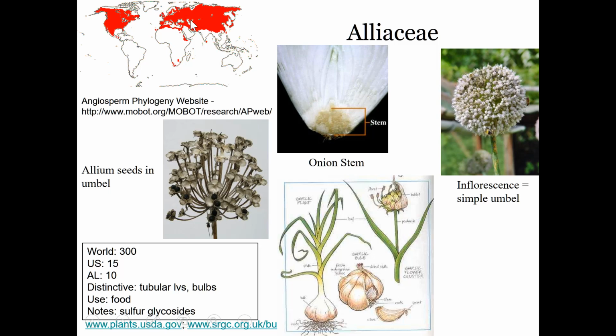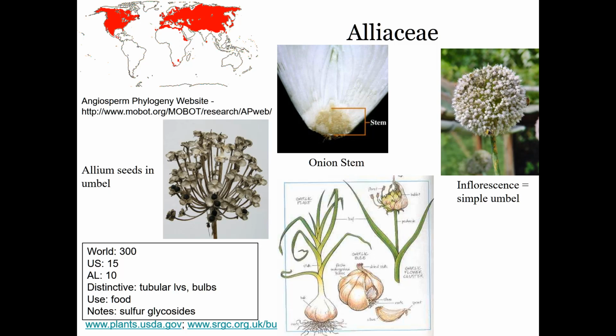In Europe, especially Central Europe, in Russia, and also in North America, there are not necessarily a lot of species, but they're highly, highly useful. So some features: there's about 300 species in the world, only 15 native to the US and 10 native to Alabama. They tend to have distinctive tubular round leaves, so they're round and hollow.